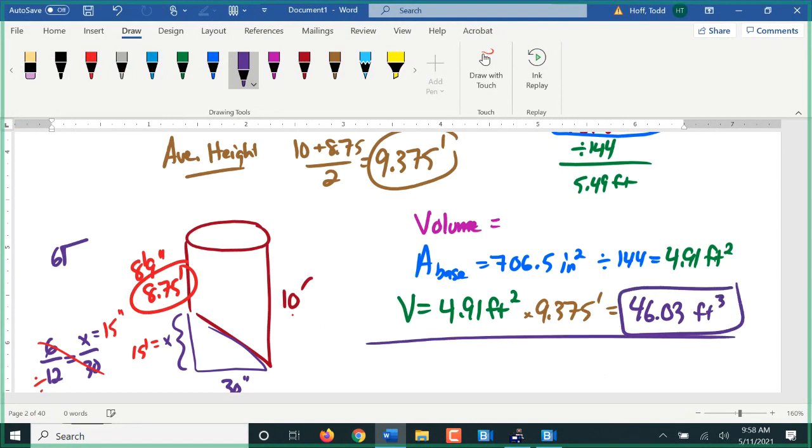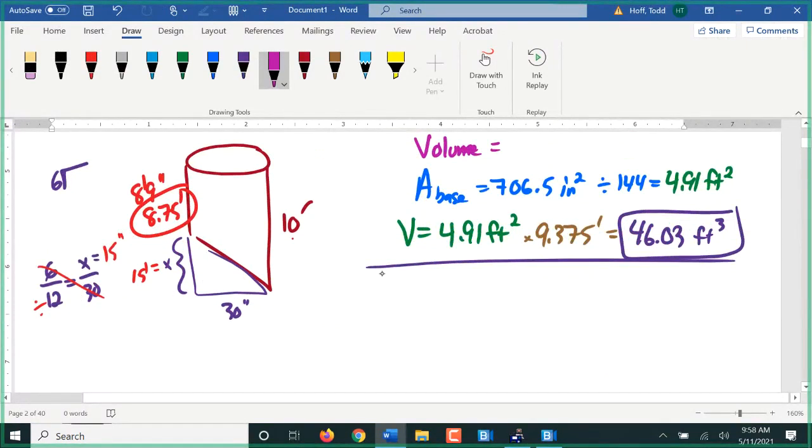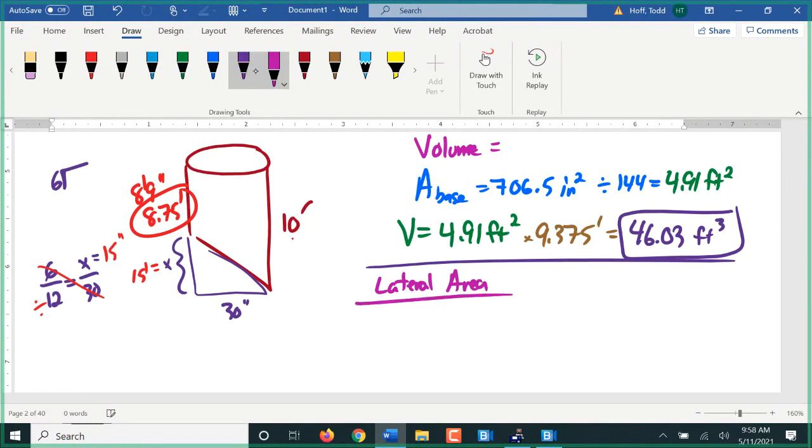For lateral area, we find the circumference of the base, or the perimeter of the base. That's going to be pi times the diameter. Now the diameter is 30 inches, I'm actually going to write that as 2.5 feet. 30 divided by 12 is 2.5.